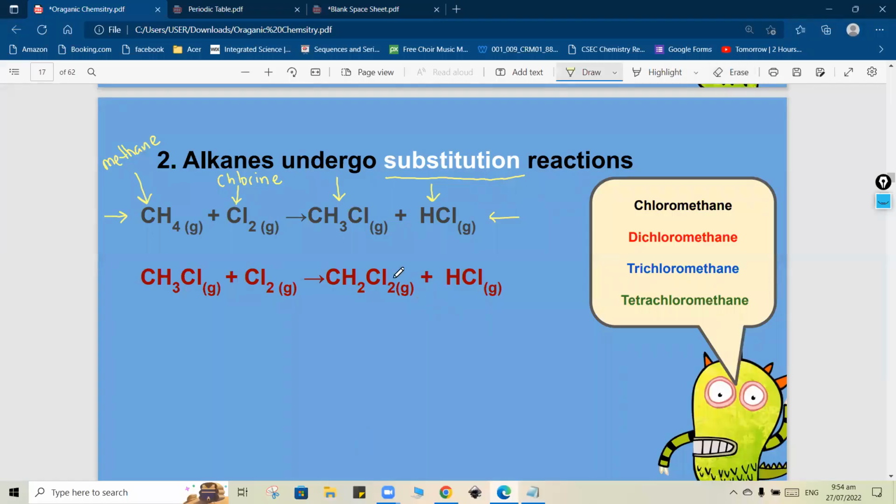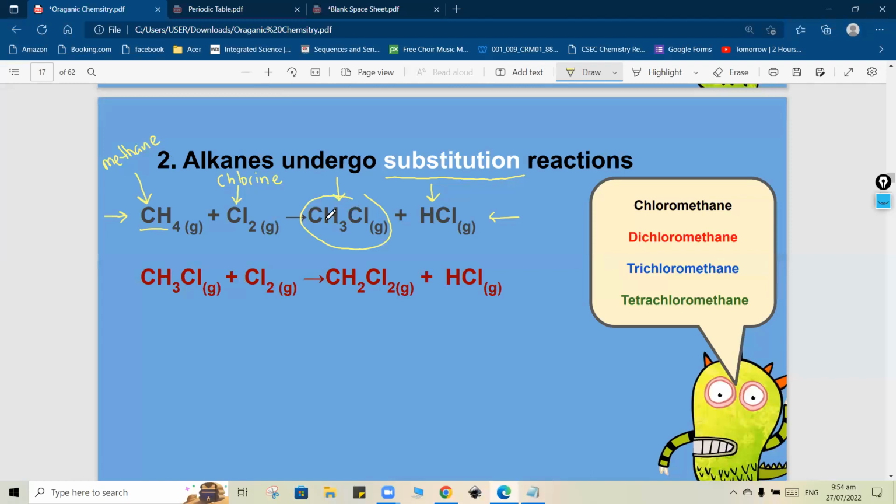So here's what we have now. You see this compound that we just created, it started off with 4 H's, 4 hydrogens, but now it only has 3 hydrogens because one of the chlorines took his place. His name at the beginning was methane.